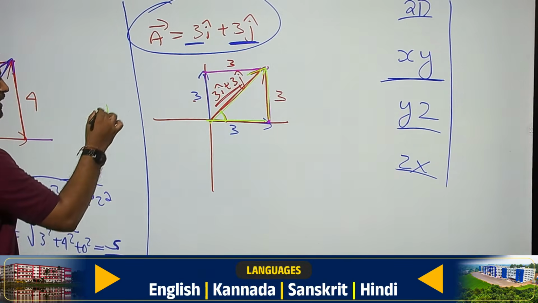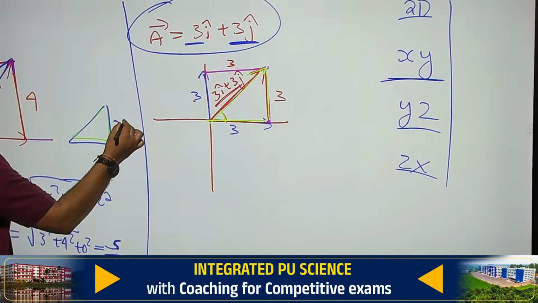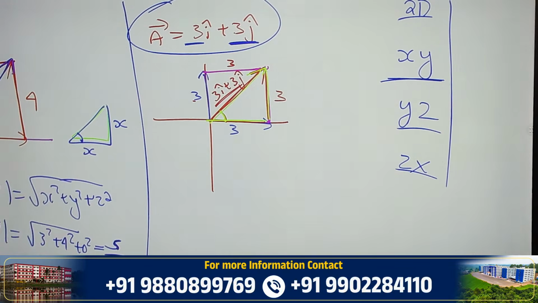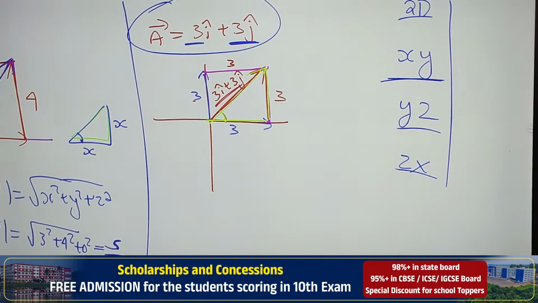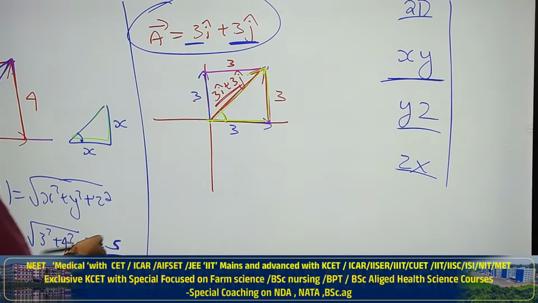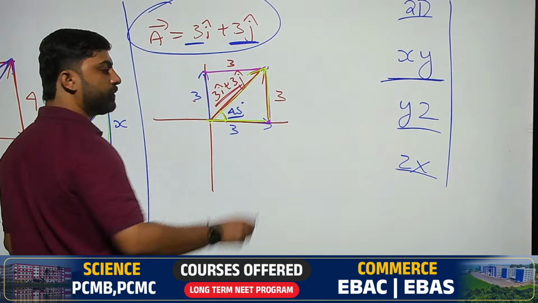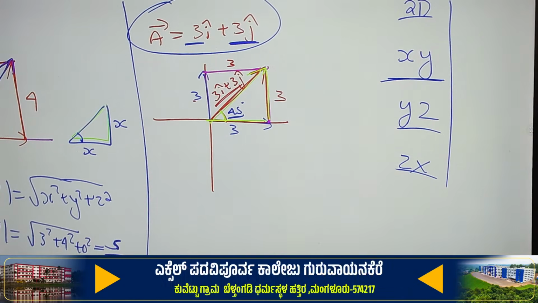In a triangle, if opposite side and adjacent side are same, what is the angle? 45°, right?